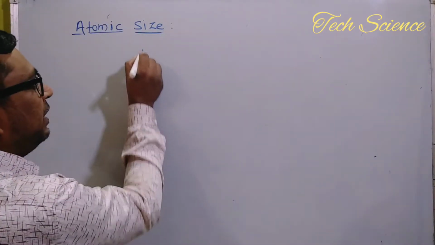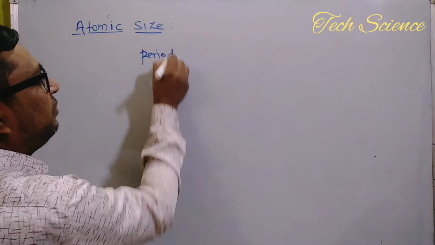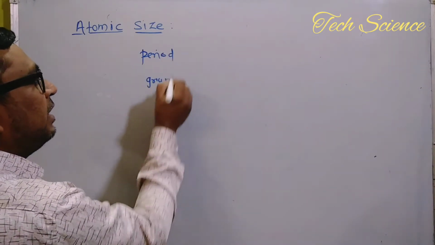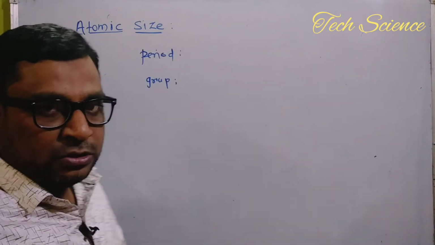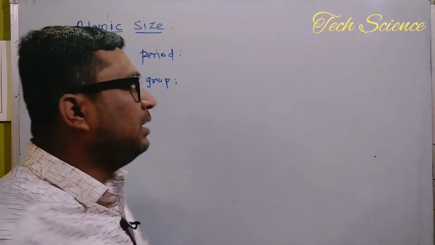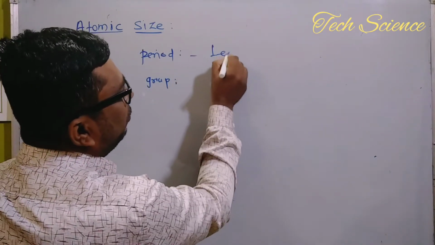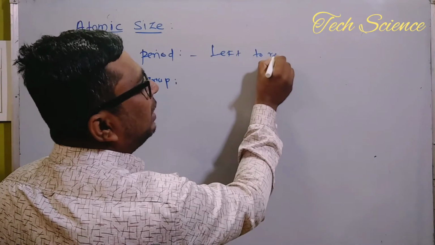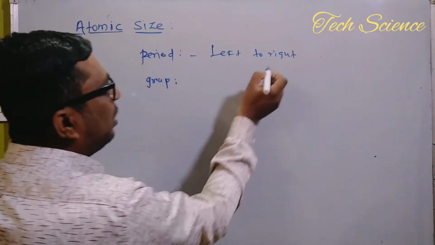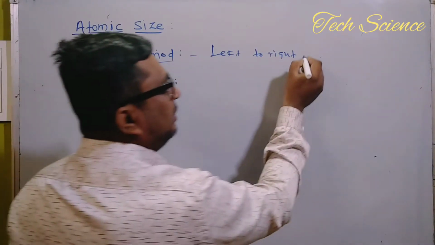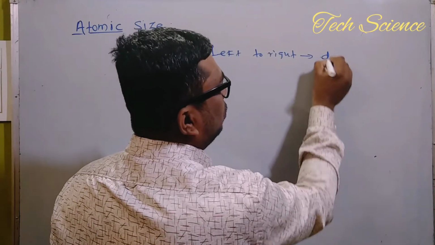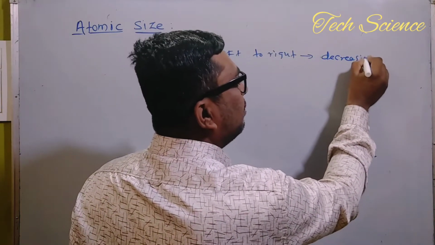Regarding period and group, there are two different statements about atomic size. In a period, when you are moving from left to right in the modern periodic table, the atomic size goes on decreasing.